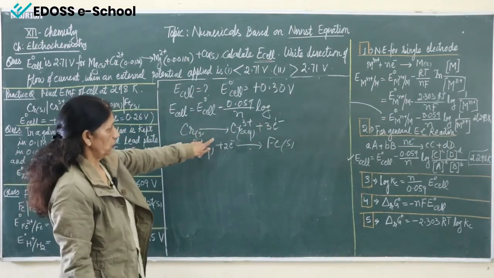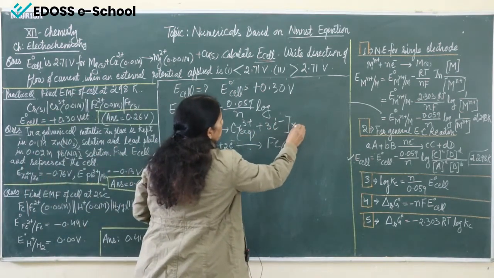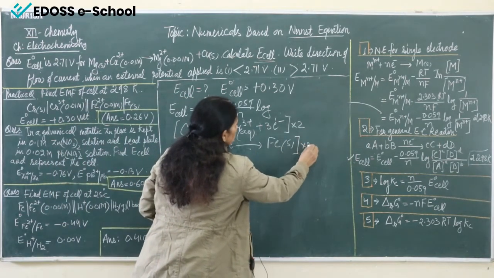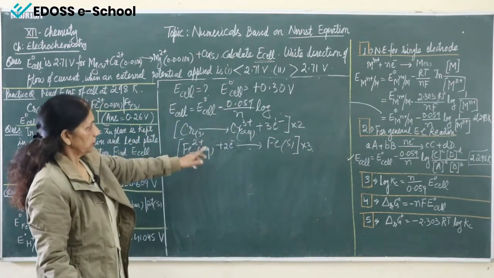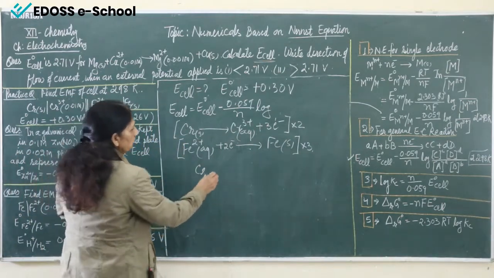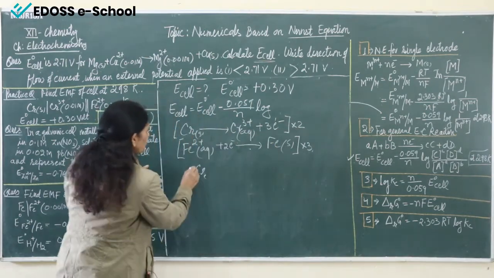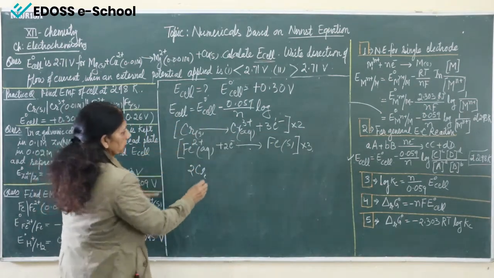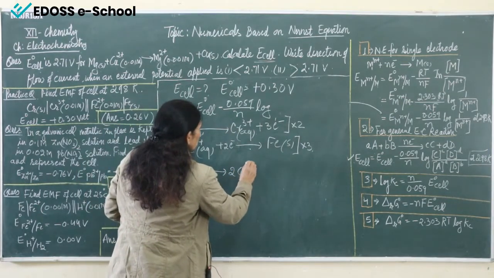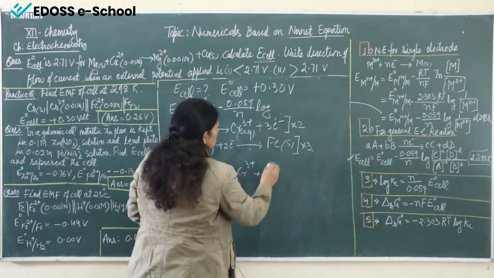So what we will do, this equation we will multiply by 2 and this equation we will multiply by 3. So this will become 2 chromium, converting into 2 Cr 3 positive plus 6 electrons.